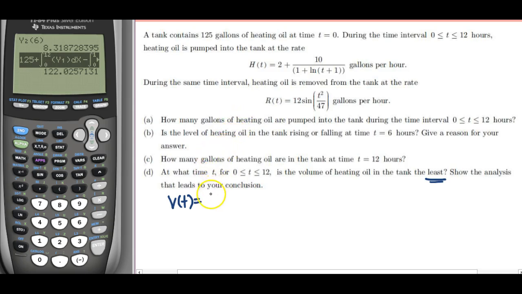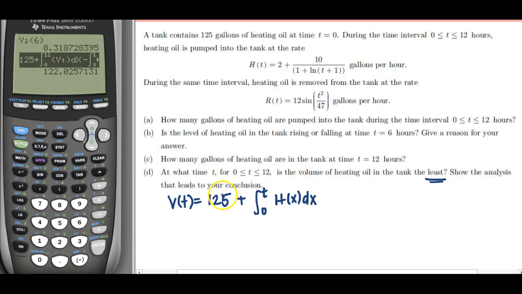So the total volume is 125 gallons, what you had to begin with, plus the integral from 0 to some generic time t of h, and I can't call it t again, so let's say h of x dx. So let's stop and think about this.